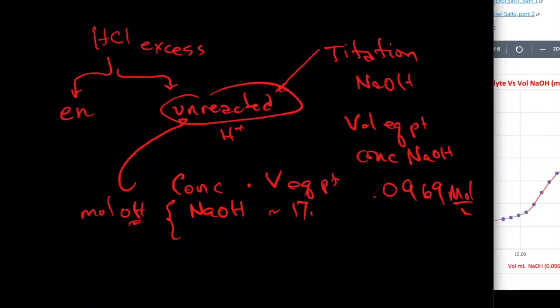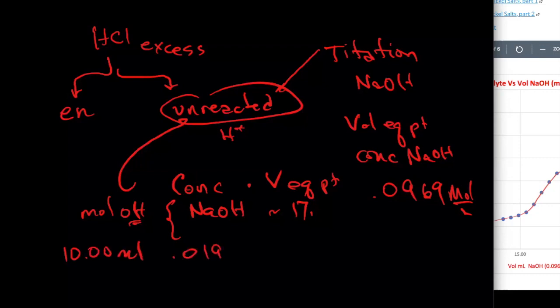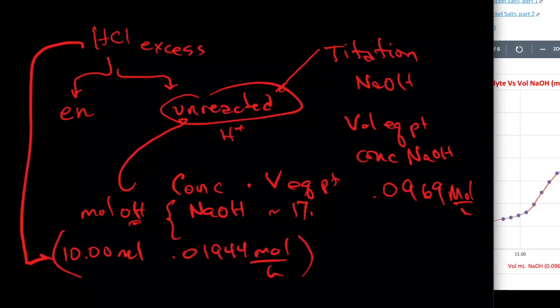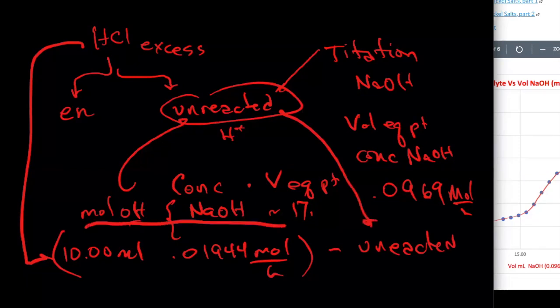So why is that important? Because now you can take, remember that when you added your hydrochloric acid, you used 10 mils of 0.01944 moles per liter. That's how much acid you add. Well, that's the total. If you subtract the amount that was unreacted, and that's this right here, from your titration, moles of sodium hydroxide times the volume at the equivalent point, that's the amount that went unreacted.